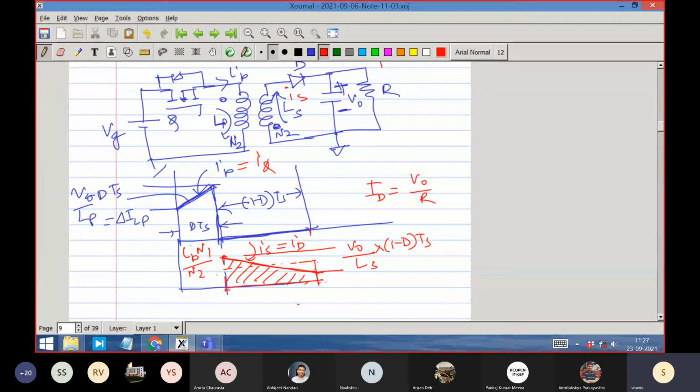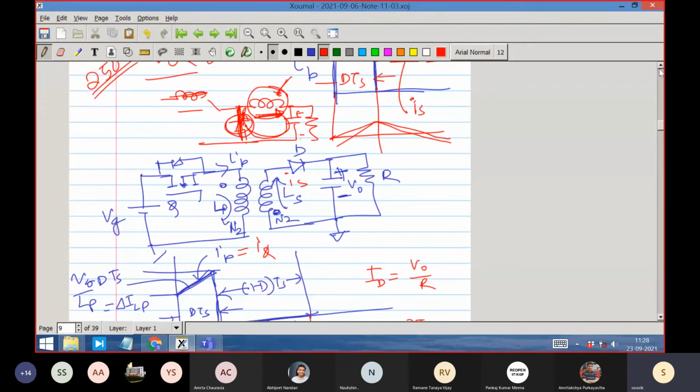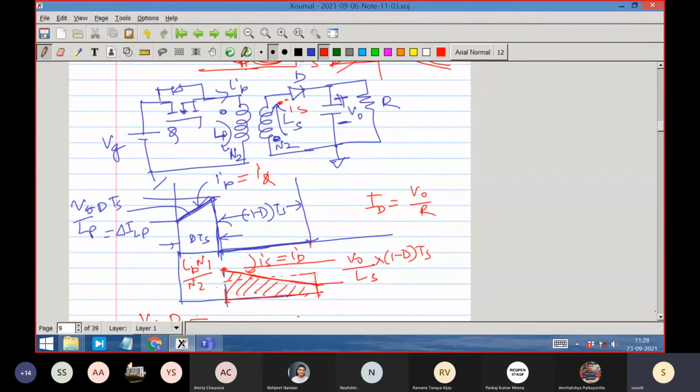So what is the volt second balance equation in this case with N1 and N2 considered? Volt second balance is Vg into D plus, and I will always make a convention that this is the dot terminal. Because the dot is here, the convention is plus at the dot terminal.